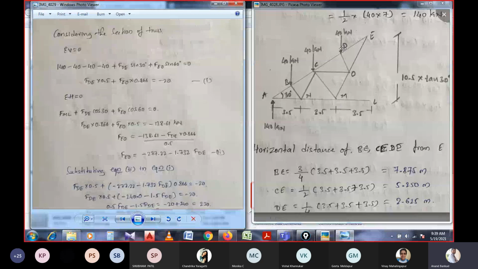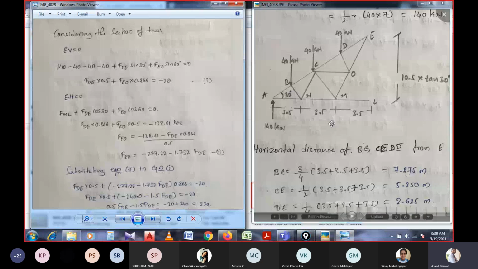And again, in every problem we need to have the moment calculation. Later we need to consider the section, whether it is right hand side or left hand side. Once the section is considered, in that section what are all the horizontal forces and what are all the vertical forces acting need to be considered.